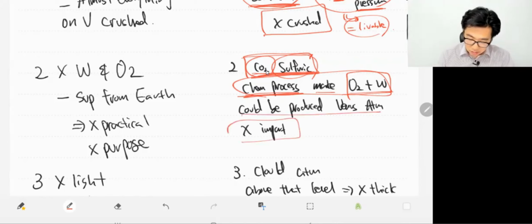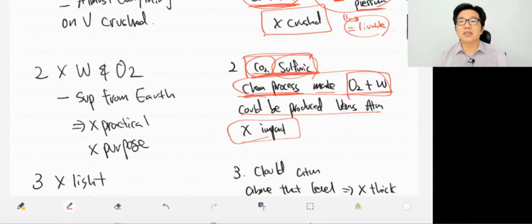So there will be no need to import, to be supplied from Earth, which would defeat the purpose of trying to maintain human presence, and it would be totally impractical. It's just ridiculous, right? Because people would die immediately without water and oxygen.